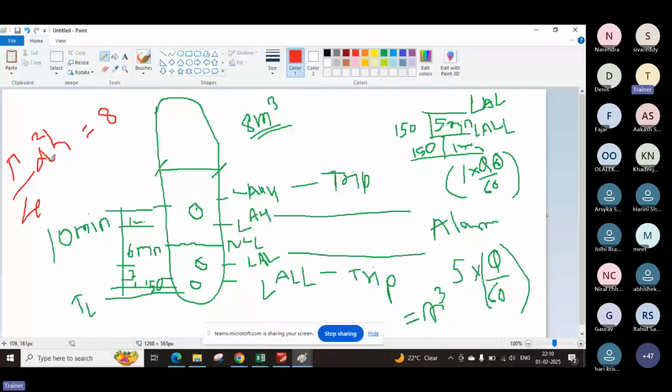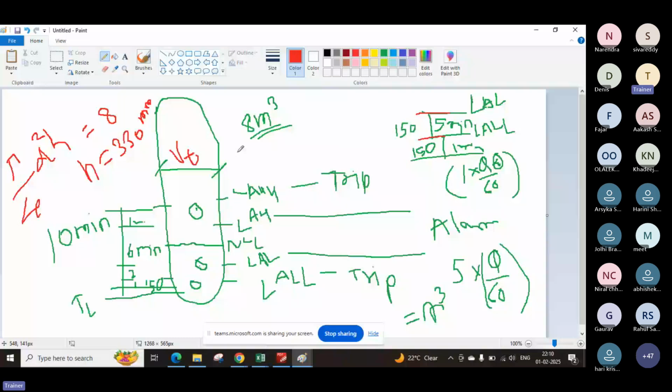You know the diameter you have estimated from the Vt, that is the terminal velocity equations. You know the pi by 4 value. So you come to know that the h requirement for this is 330 mm to have a time limit of low liquid alarm to the low trip. To have a 5-minute gap, you need a liquid level gap of 330 mm based on the time.